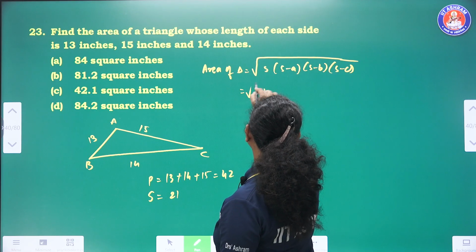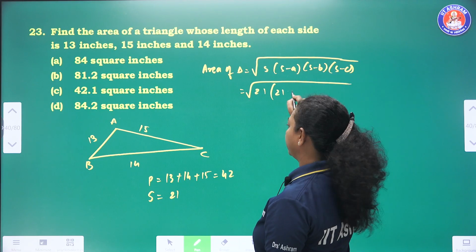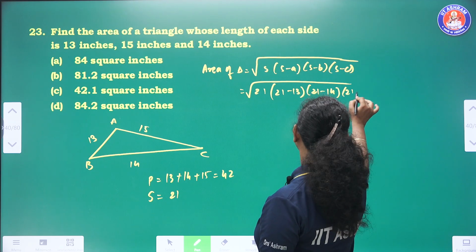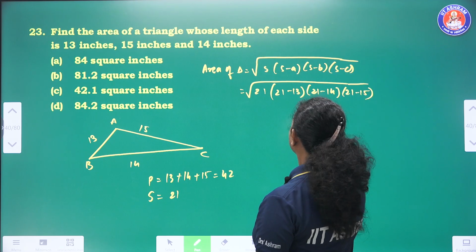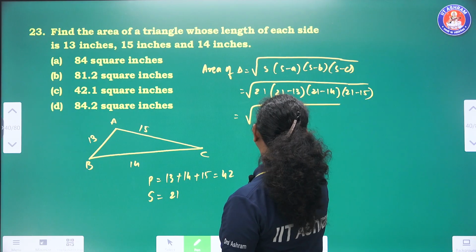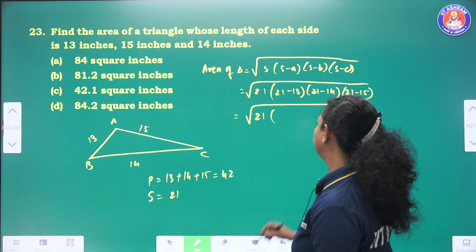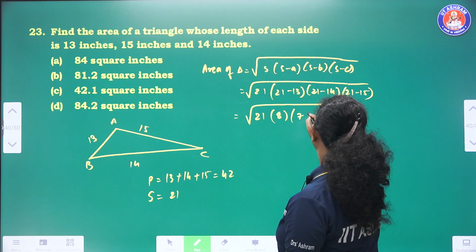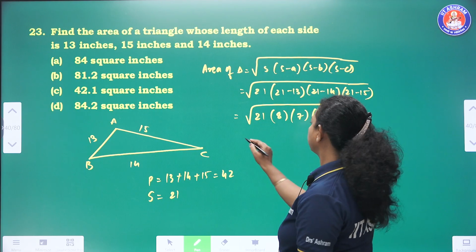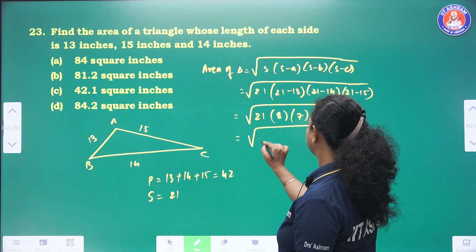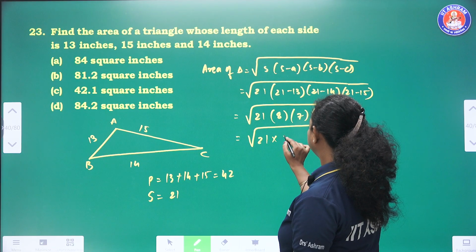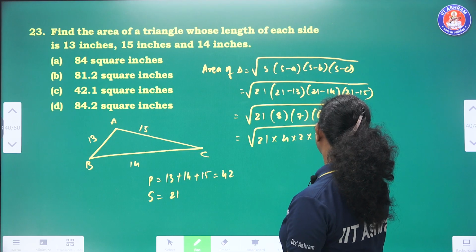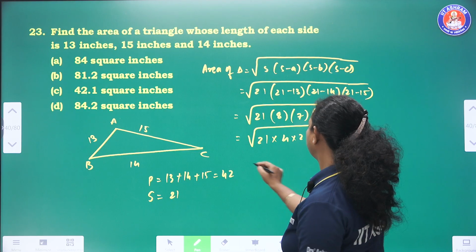So 21 into 21 minus 13, 21 minus 14 and 21 minus 15. 21 minus 13 is 8, 7, and 6. 8 is 4 into 2, 7 is as it is, and 6 is 3 into 2.